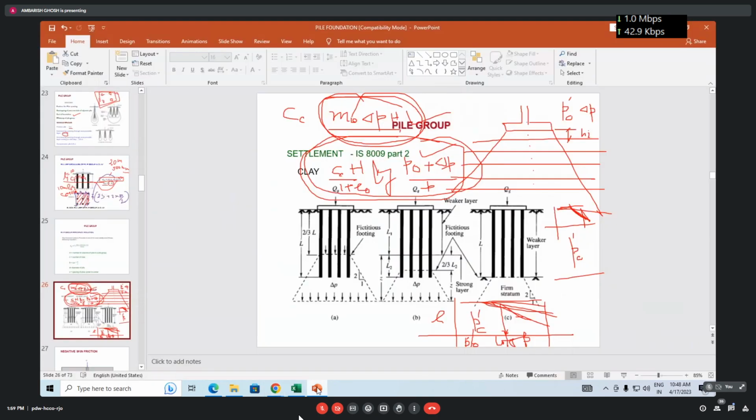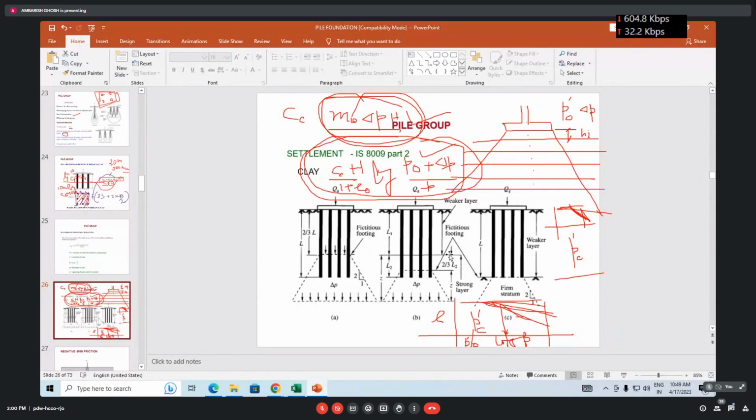Next, you see for pile group what we are doing exactly. We are assuming the shallow footing here as if for load dispersion. Say for example, this is a friction pile. So we are assuming that the footing is here at 2/3 L. From here we will be considering the load dispersion, and then this clay will be divided into layers, similar to shallow footing, and you will get the settlement. Now in case up to L1 it is your friction pile, and suppose a strong layer is coming.